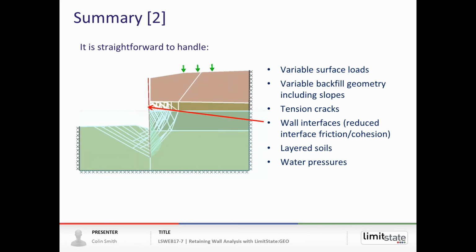We can model the wall interface, soil interface friction different to the soil itself. It's very easy to model layered soils. Again, I didn't really touch on that, but putting in layered soils is very straightforward. The software deals with that. And we can add water. Again, I didn't have time to talk about water, but we can add water tables into the problem and model those.